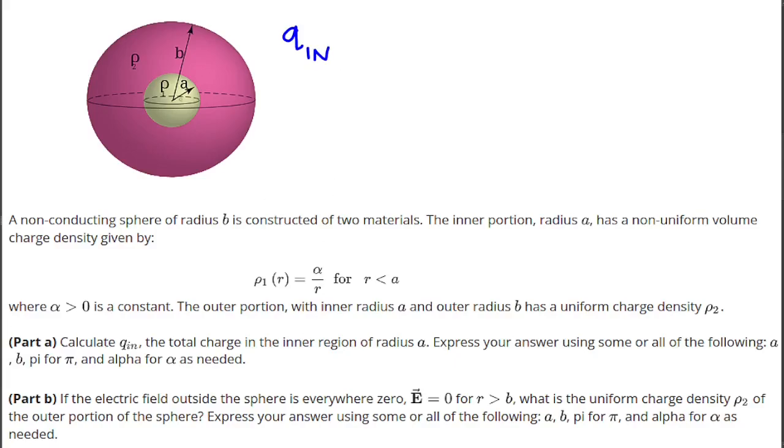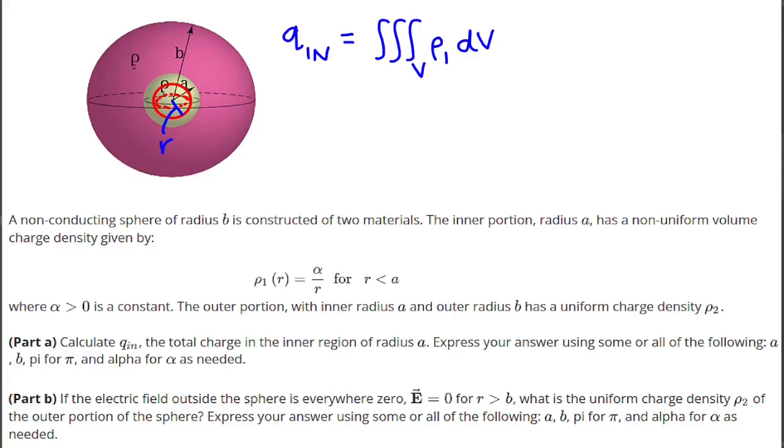So to do that, we use the volume integral, being the triple integral of the charge density over the volume of the inner sphere. Given that the charge density varies with the radial distance from the sphere, we can break the sphere up into thin spherical shells, where the spherical shell has a radius r.